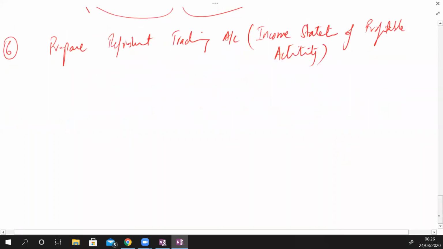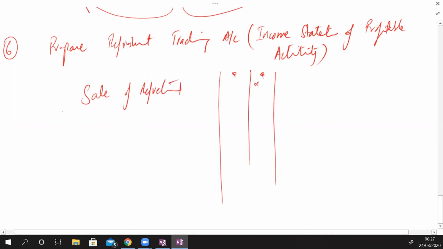Simple income statement बनेगी. It would be sale of refreshment less cost of sales: opening inventory plus purchases. अब मैं इसमें यहाँ पे स्टेरिक बना रहा हूँ because you might have to calculate purchases.